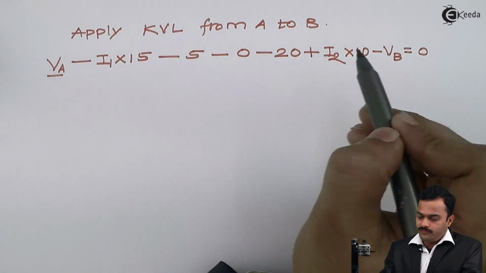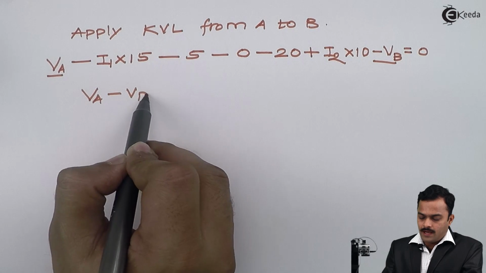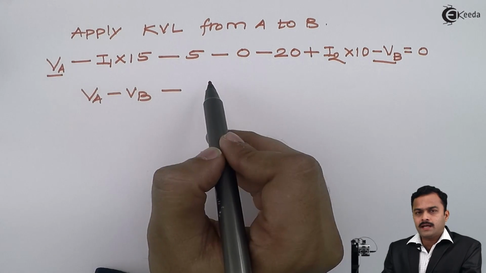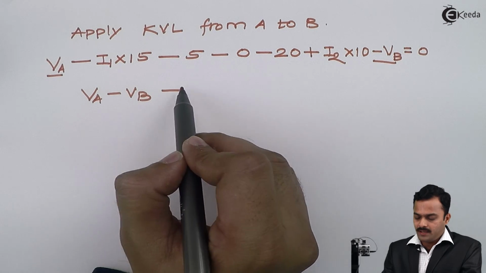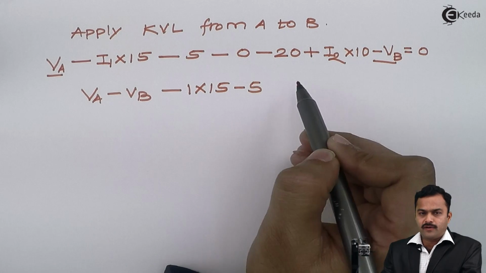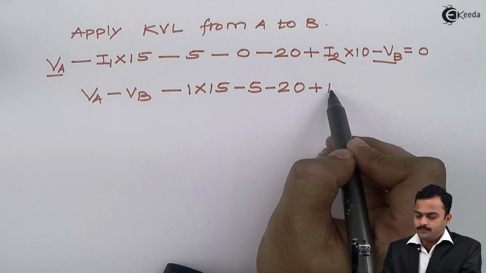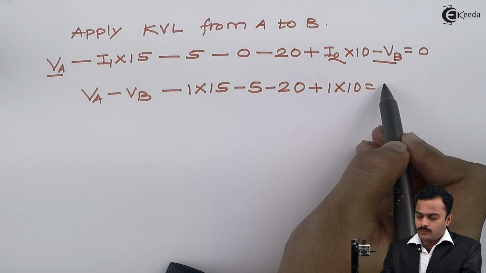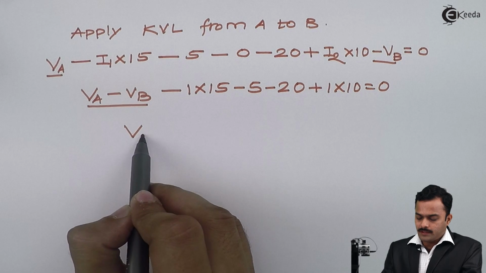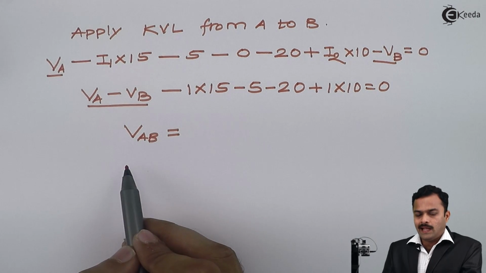So I can club VA minus VB, and then I will substitute all the values. I1 and I2 are both 1 ampere, so 1 into 15 minus 5 minus 20 plus 1 into 10 equals 0. VA minus VB ultimately will become VAB, the potential difference between points A and B.